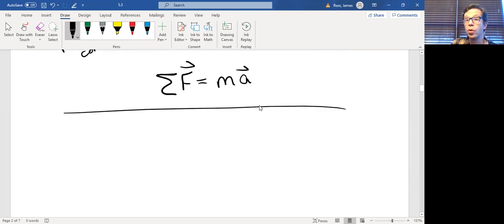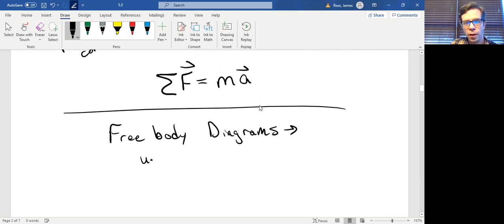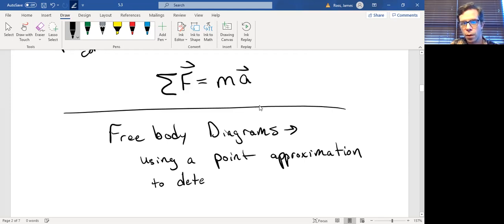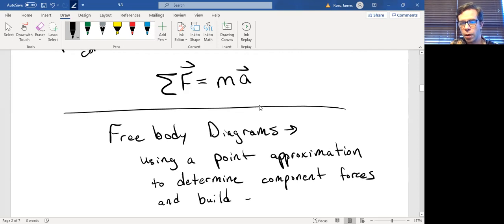We will do more practice problems with this in class, and we're going to practice our free body diagrams, using a point approximation to determine component forces and build equations of motion. All right.